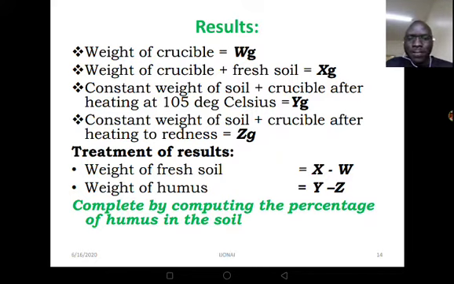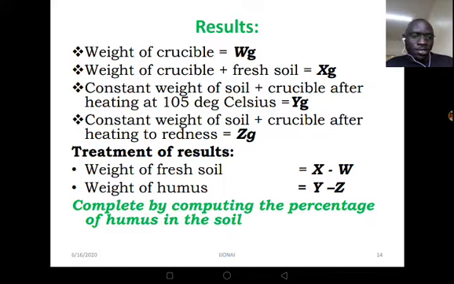The weight of the fresh soil is X minus W, where X is the weight of the fresh soil plus the crucible, and W is the weight of only the crucible.